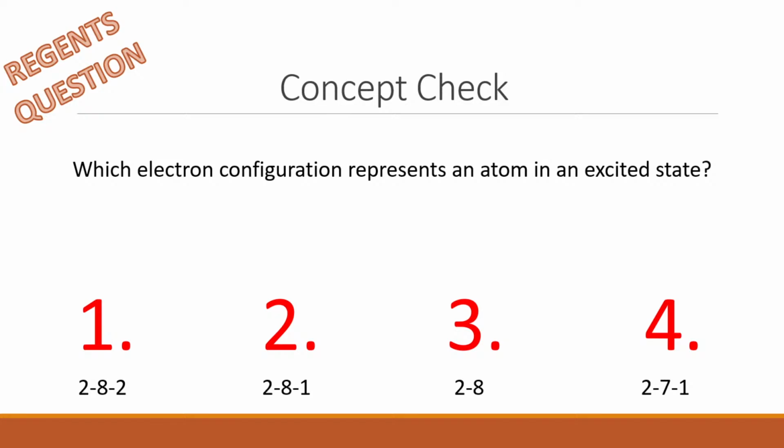Here, the right answer is choice 4. We're looking for an excited state configuration. We're looking for one electron out of place. Right, one electron higher than it should be.